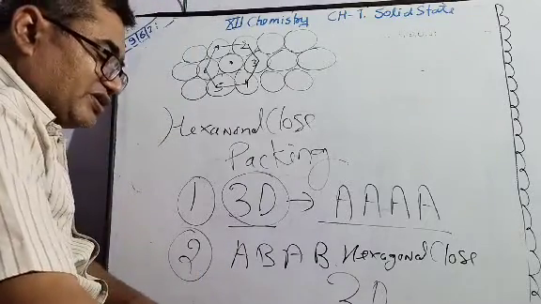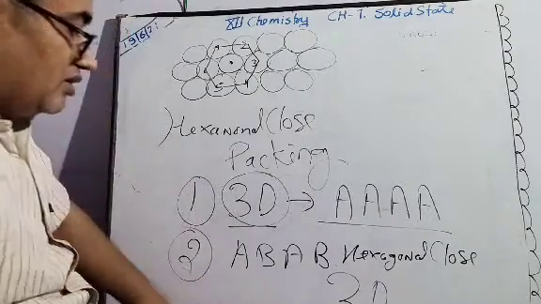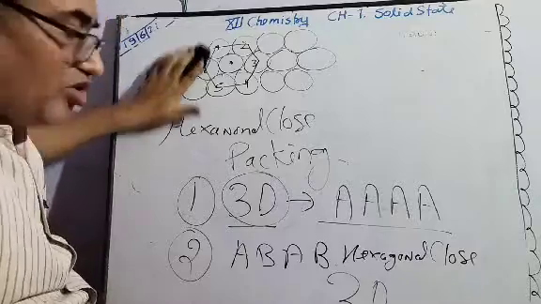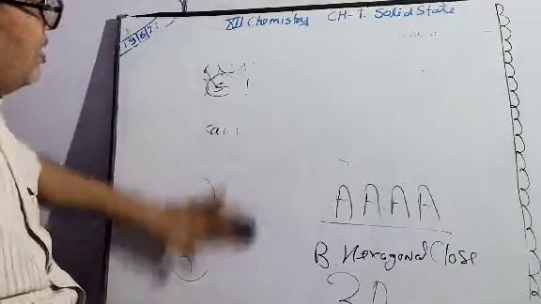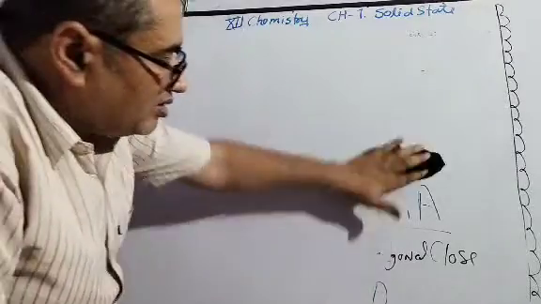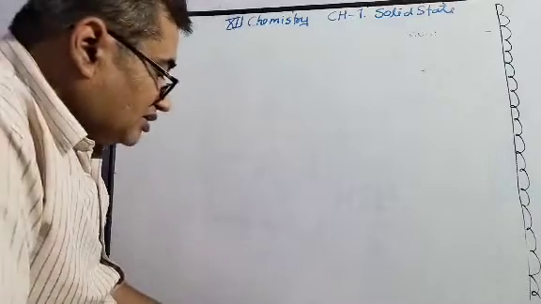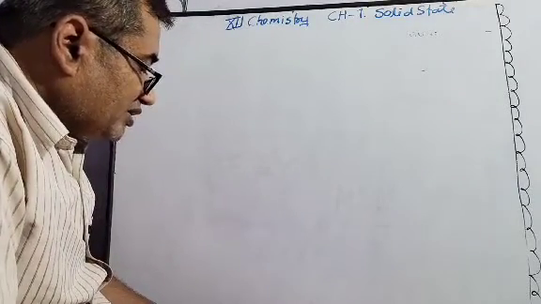This is very important, and this is formed due to the formation of octahedral voids and tetrahedral voids. Voids means the space or points which remain between the close packing.